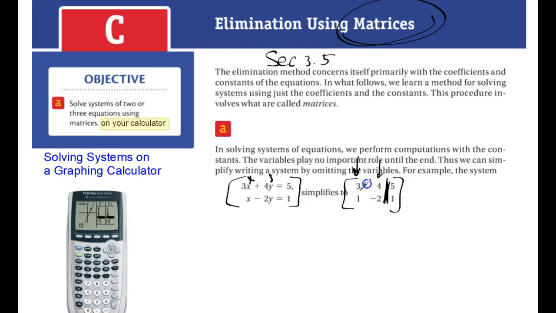So this is your x, this is your y. You just drop the variables. The matrix just looks like 3, 4, 1, because there's a 1 in front of that x, and a negative 2. And then this goes the answer. So this is your x, this is your y, and these are your answers, 5 and 1.